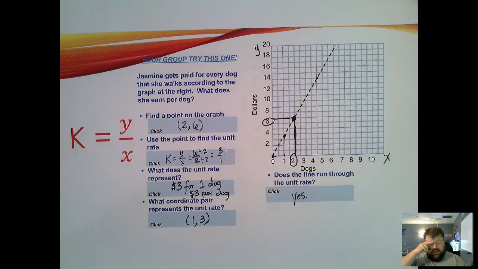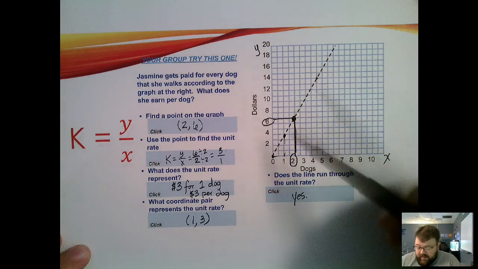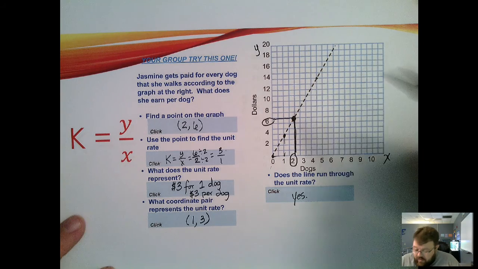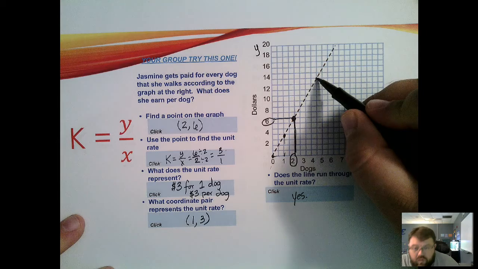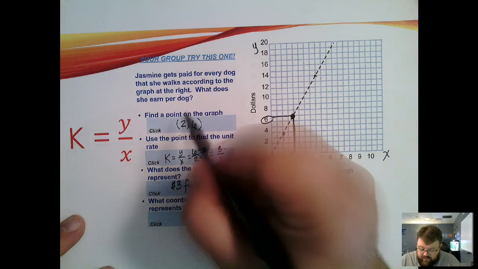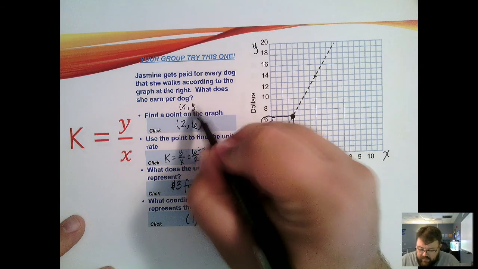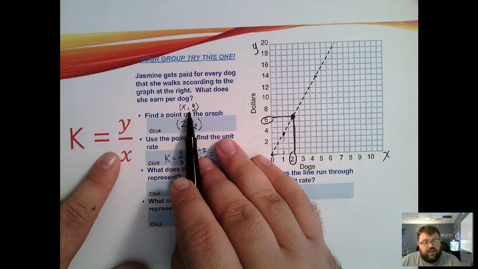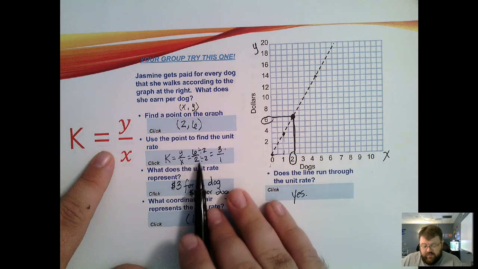Okay, so what you needed to do is take the point that I gave you. Now, if I didn't give you the point, remember you want to choose where the line passes right at the corner, right at the edge of this grid. You had to understand that this was the x and the y. Then you had to use your constant of proportionality equation to find the unit rate.